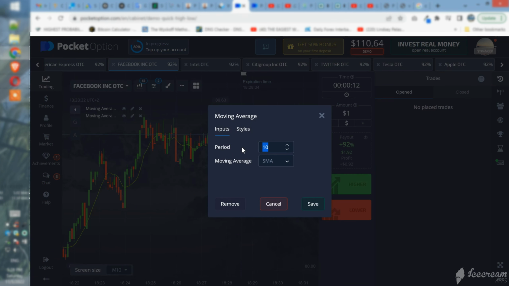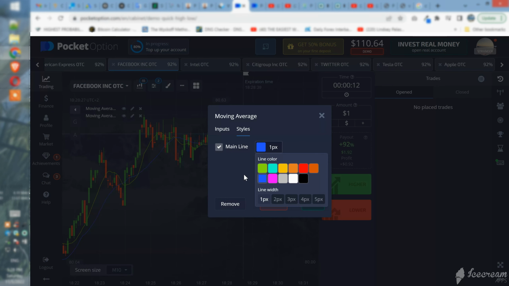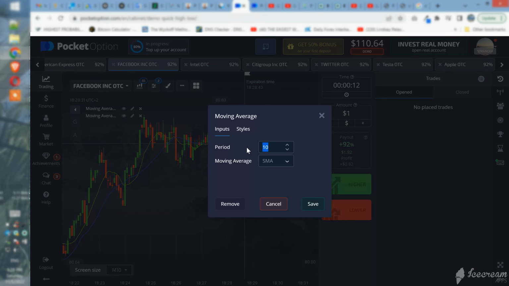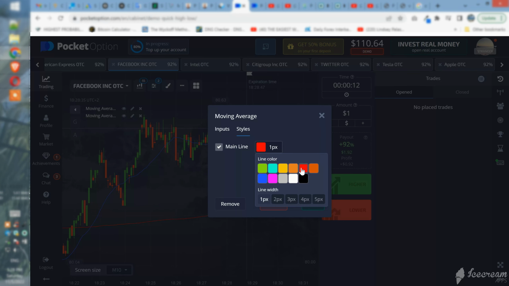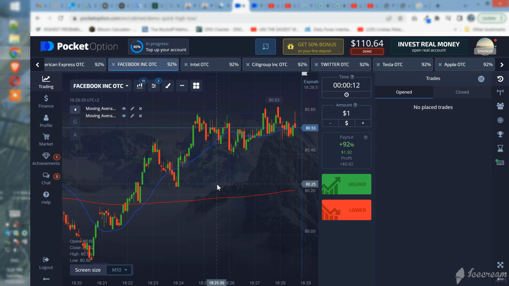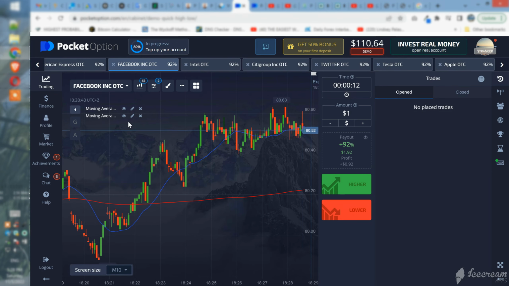The first one is 20, I like it to be blue. The second one 200, and I like it to be red. That's it. And now we have the same screen that I have. I put it like this so it's not on the screen.